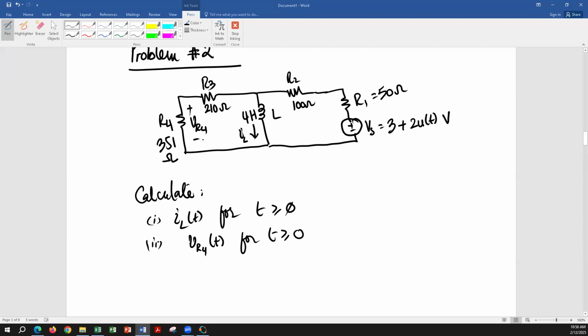Okay, so let's say we find these two quantities, both for t greater or equal to 0. All right, in the meantime, you're writing, I'm going to put values in my Octave.